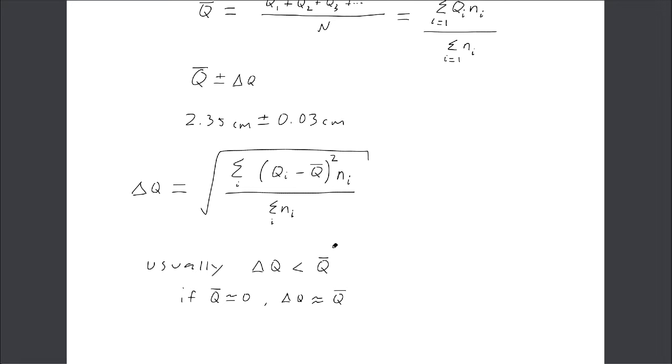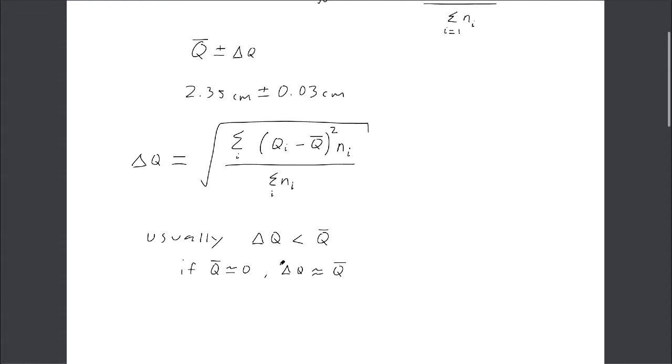Usually though, if you're measuring a value of some quantity that's greater than zero, you'll find that the uncertainty, the spread in your data, is smaller than that. For example, it doesn't make much sense to see a measurement that looks something like 2.35 centimeters plus or minus 10 centimeters. That would be a terrible measurement.